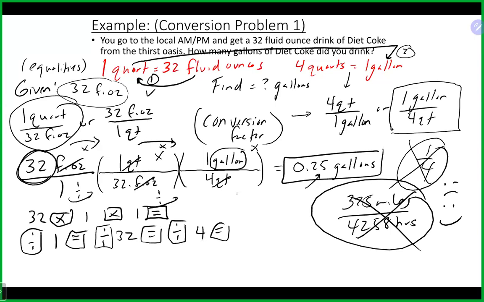Personally, I would shorten that down to just take 32, and since there's nothing else on top, divide it by the 32 on the bottom, hit equals, and divide one more time by 4 and hit equals. That just avoids punching the wrong number when you're trying to hit 1. So you don't have to put the 1s in, but if you do it correctly, it should give you the same answer. Other questions?